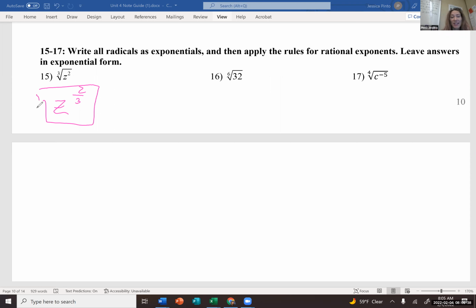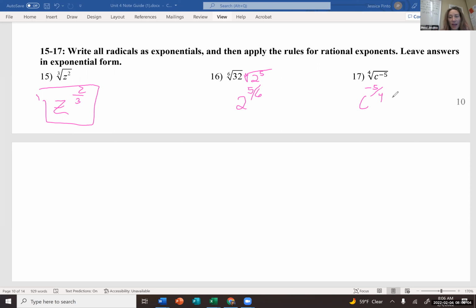For 16, again, I'm thinking of 32 as 2 to the 5th power. And then that's in the 6th root. So this is going to be 2 to the 5/6. Oh, I forgot the fraction. Okay. On number 17, I'm going to rewrite it as c to the -5/4.